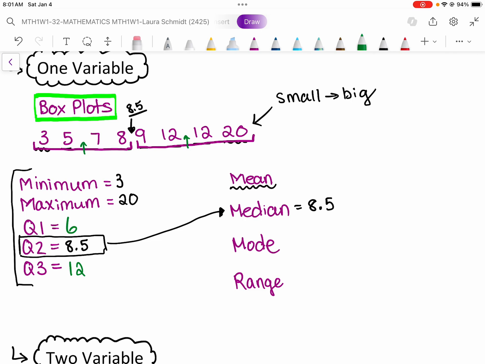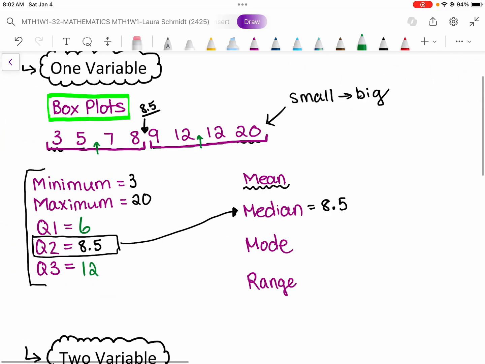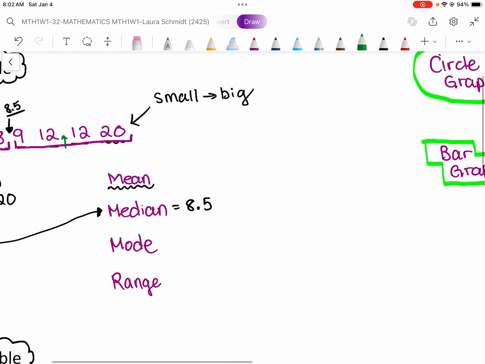So box plots are kind of funny. When you have an actual middle number, you don't use that when you're finding Q1 and Q3. So for example, if my data set was like 1, 3, 5, 6, 10, and this is my middle number, I'm not going to use that. So when I go to find Q1 and Q3, I'm going to find the middle of those data sets.